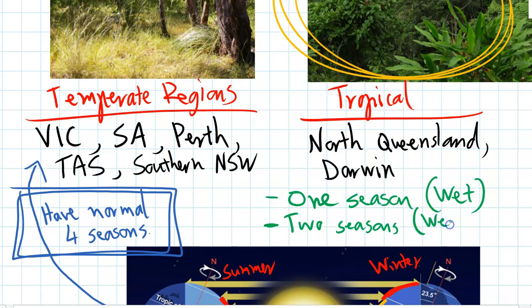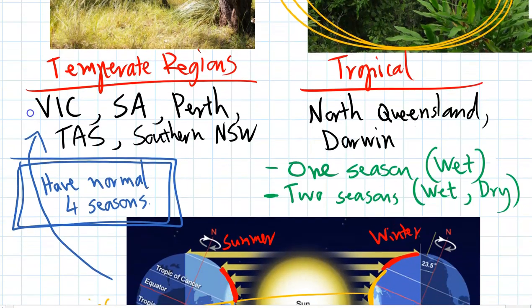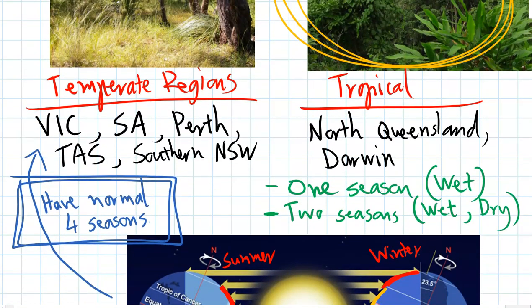And this includes Queensland. They'll have a wet season where it rains for about 4 or 5 months, almost every day. And then they'll have a dry season, which lasts for about 8 months of the year, where it's still humid, still warm, but it doesn't rain as much. Okay, so that's temperate and tropical regions.